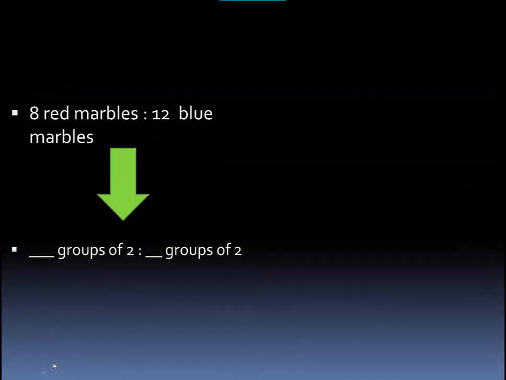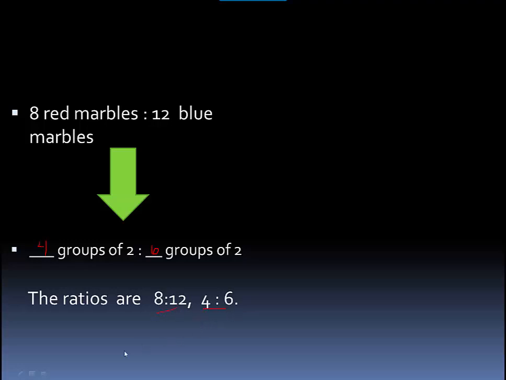So let's look at it. There were 8 red marbles and 12 blue marbles. He had 4 groups of 2 when he had 8 red marbles, and he had 6 groups of 2 when he had blue marbles. So the ratio 8 to 12 is also 4 to 6.